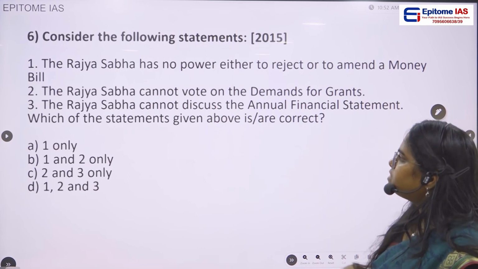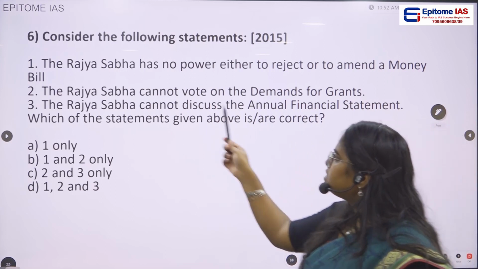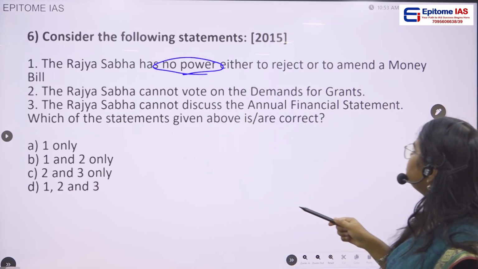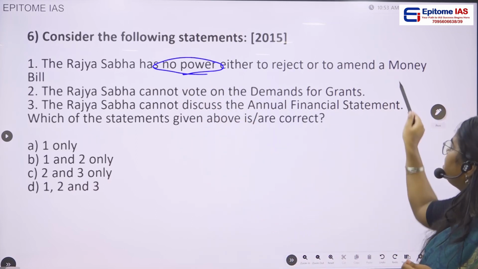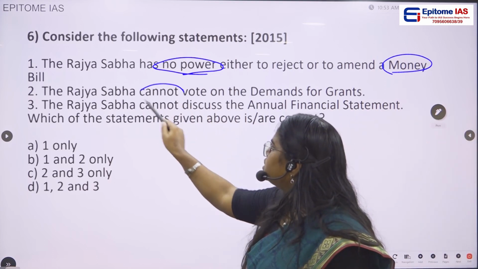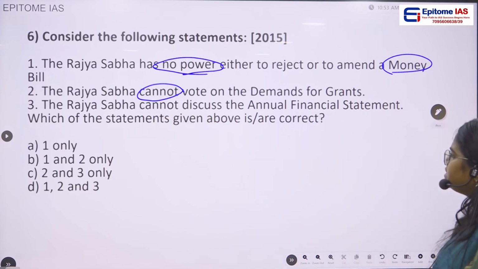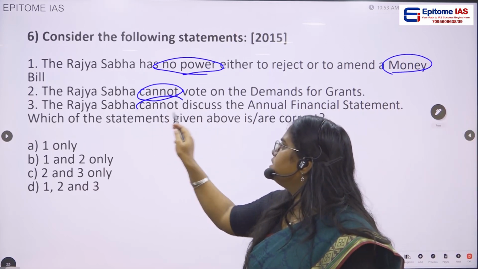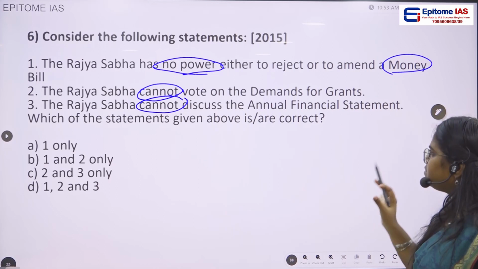Then next question, consider the following statements. Statement 1, the Rajya Sabha has no power either to reject or to amend the money bill. Statement 2, the Rajya Sabha cannot vote on demands for grants. Statement 3, Rajya Sabha cannot discuss the annual financial statement.